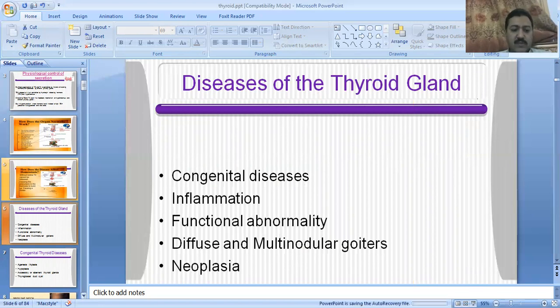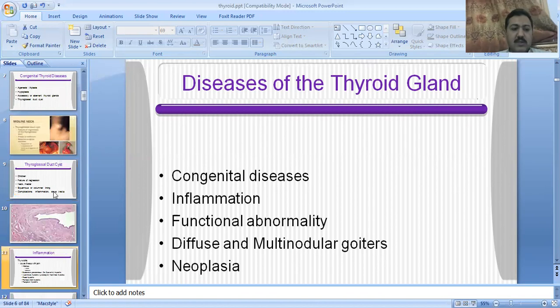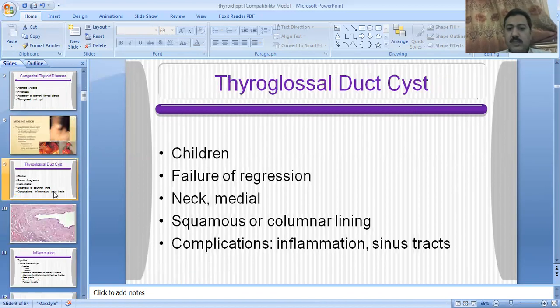So we will discuss the congenital processes which occur in the thyroid gland. This is the thyroglossal duct cyst. This is the cyst which is formed in the midline of the neck involving the thyroid gland.